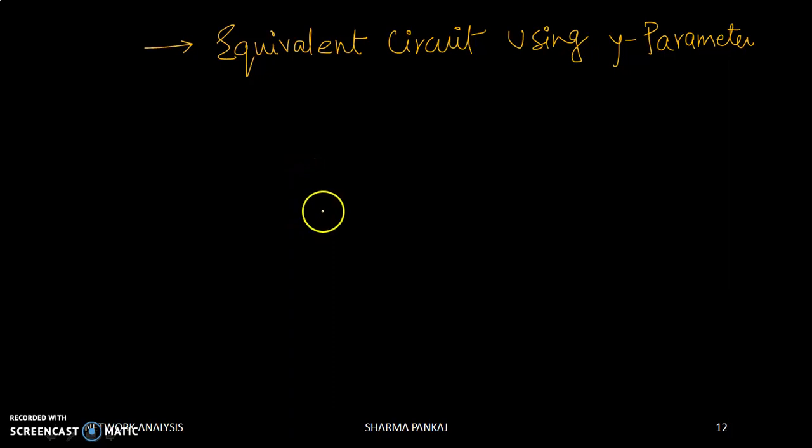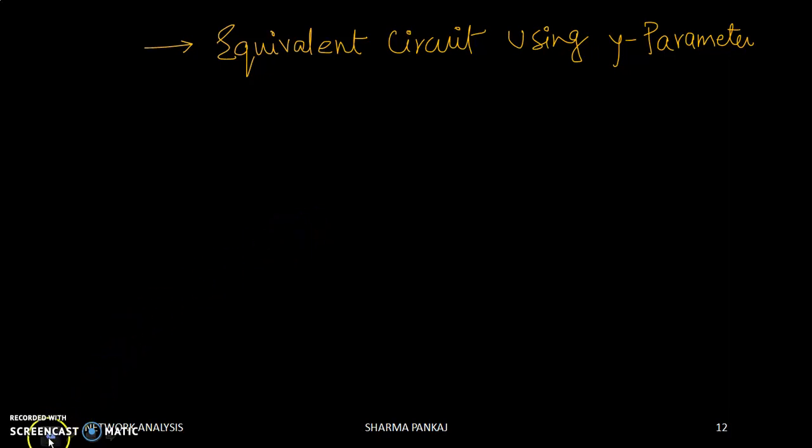You may recall that we have also drawn an equivalent circuit using Z parameter. For the Z parameter, we had some controlled sources and some series parameters connected to that. Now this equivalent circuit using Y parameter will also have controlled sources, current controlled sources, voltage controlled sources. It will depend. We'll see.